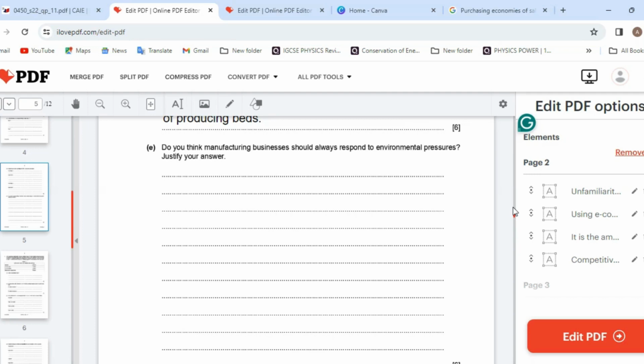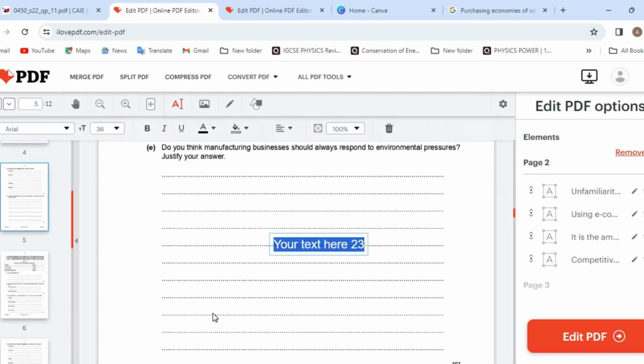Of course, you have to give a point why a business must respond to environmental failure before you can justify your answer. The first reason is what? To enhance their brand image and reputation. That should be the first one that will come to your mind.